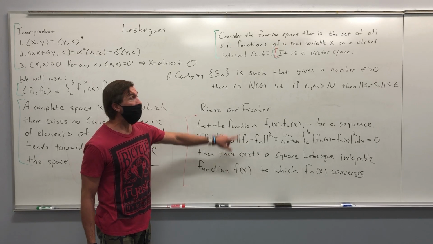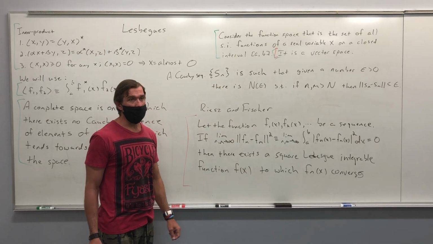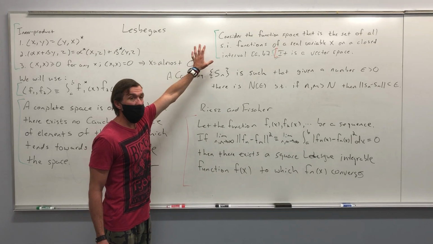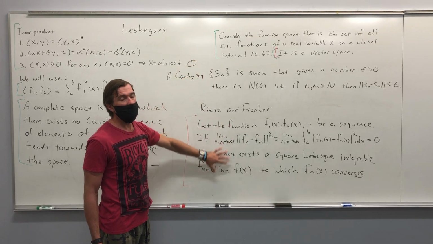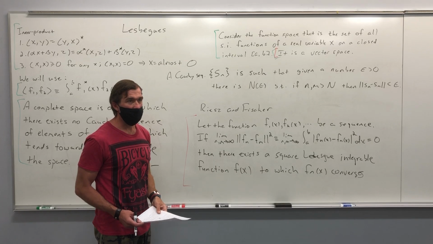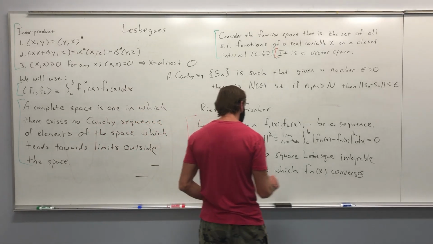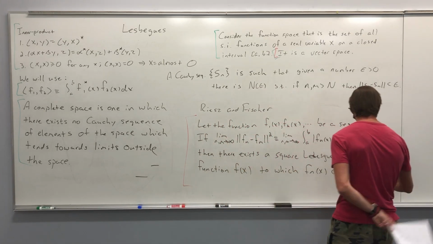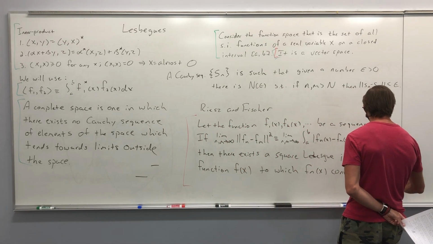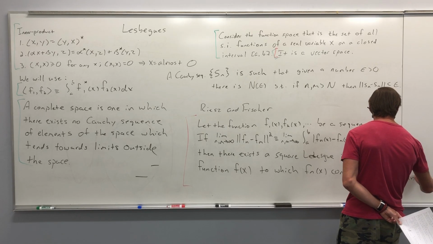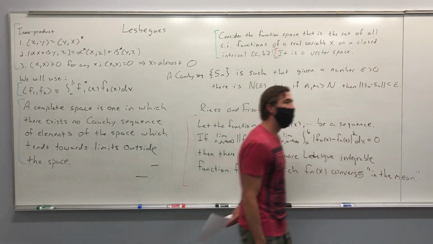Okay? This means our space is complete. So we don't have to worry about whether or not this space is complete. It is complete according to the results of this theorem. But there's just a couple of modifying words I need to put in here. Converges in the mean.